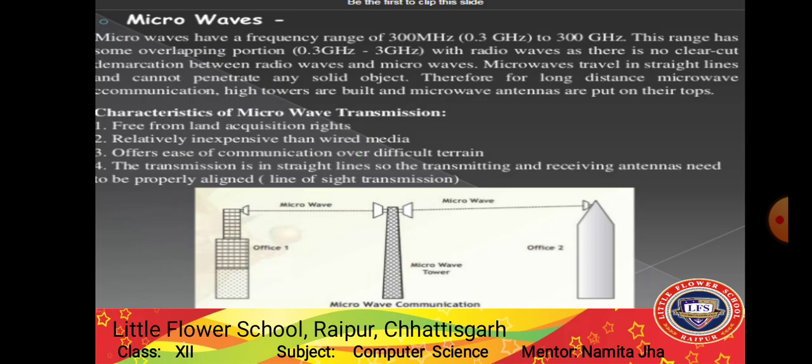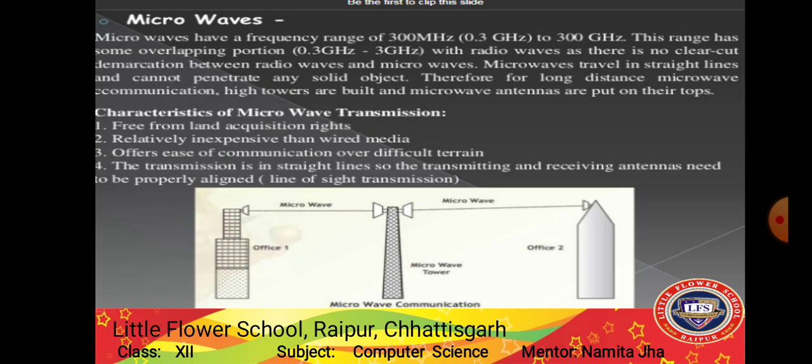Microwaves. Microwaves have a frequency range of 300 MHz to 300 GHz. This range has some overlapping portion with radio waves, as there is no clear-cut demarcation between radio waves and microwaves.